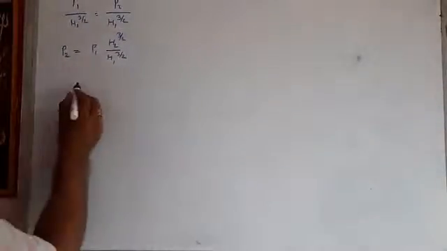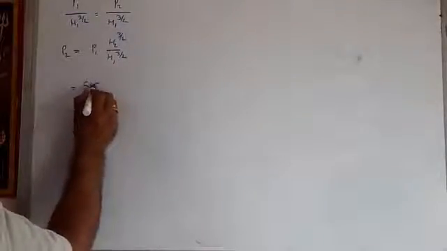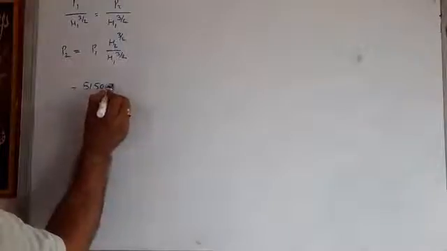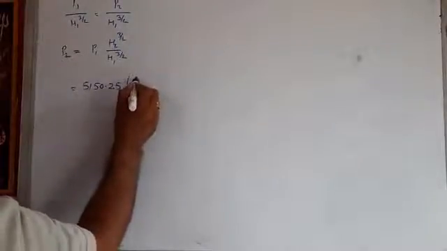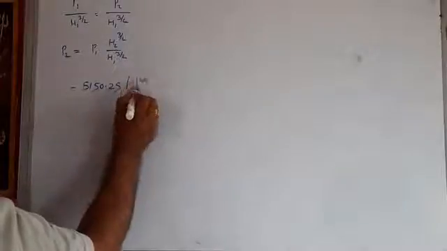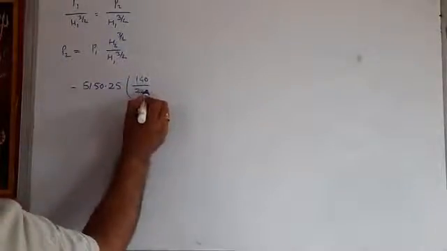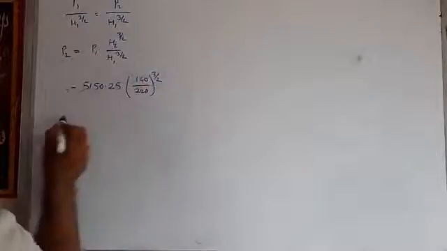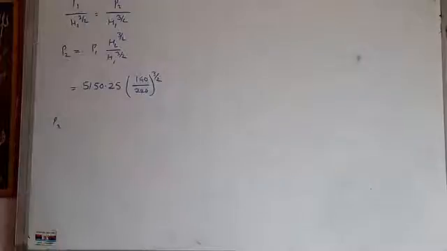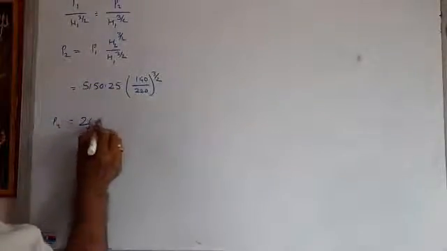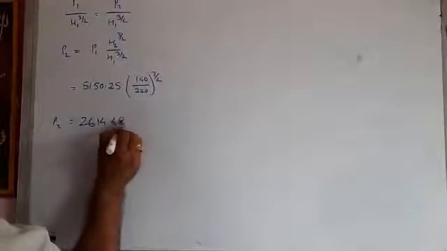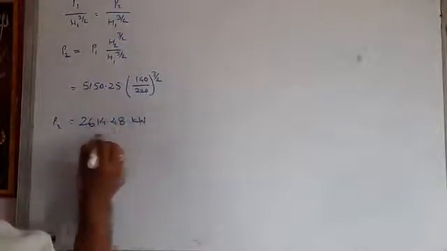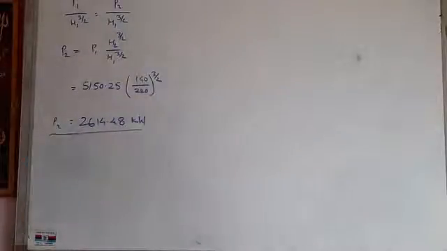Putting the values here, power is 5150.25 and H is 140 by 220 to the power 3 by 2. So here the power comes 2614.48 kilowatt.